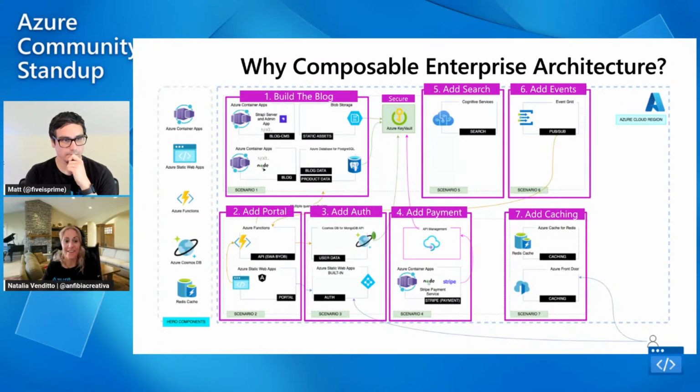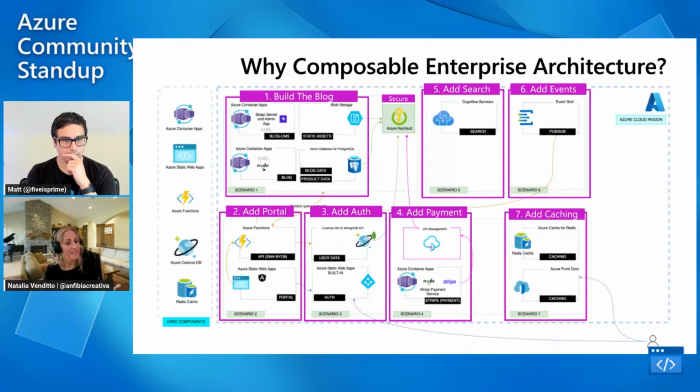And so we deploy our containerized application, our service. In this case, we have one container for the content management system server, and another one for the blog application.